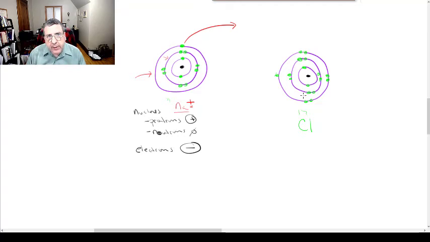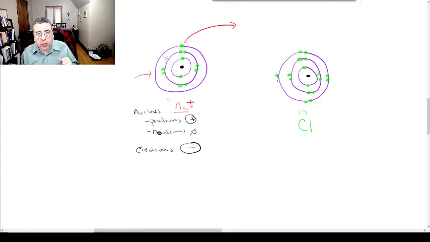But overriding that, the atom wants to be stable, meaning the outermost shell wants 8 electrons, okay? Here, we've got 1, 2, 3, 4, 5, 6, 7. So it's not stable. So again, we're faced with two options.